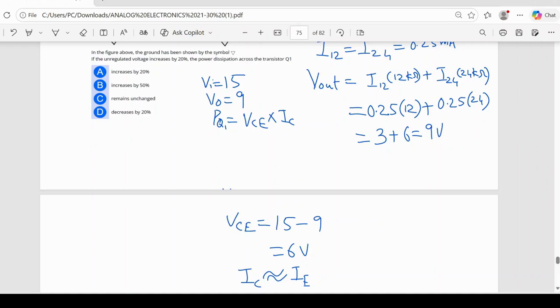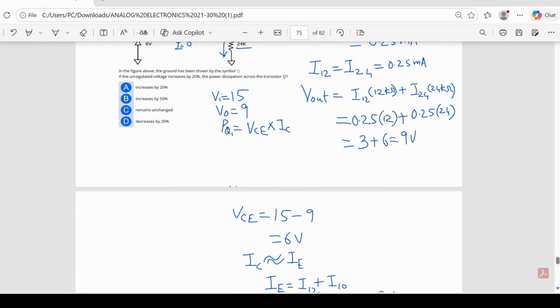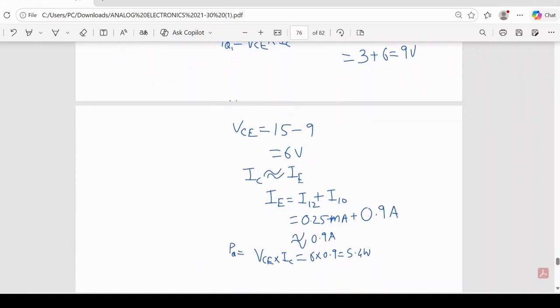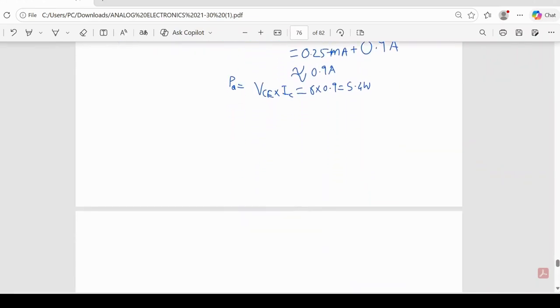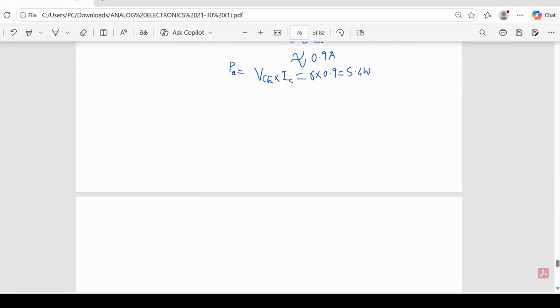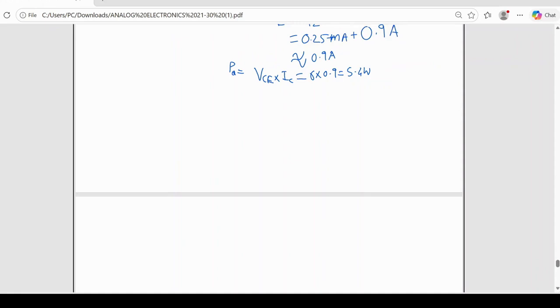So the power dissipation PQ is going to be VCE times IC, or 18 minus 9 into IC.